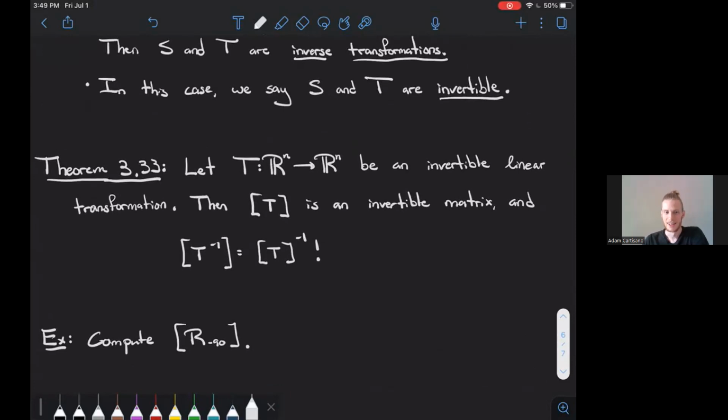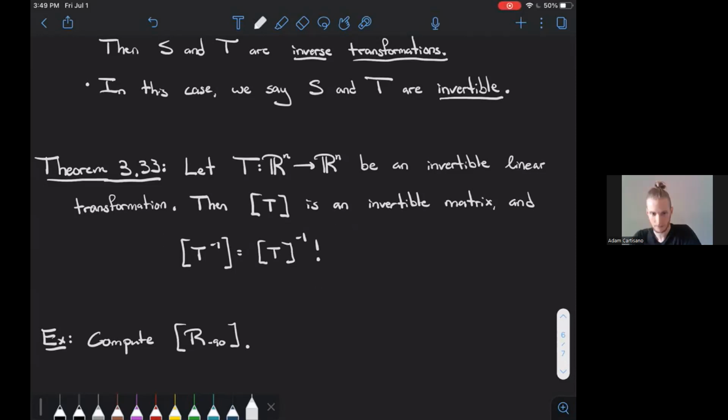Let me say that again. The standard matrix for the inverse of the transformation is the inverse of the standard matrix of that transformation. That's what this means.